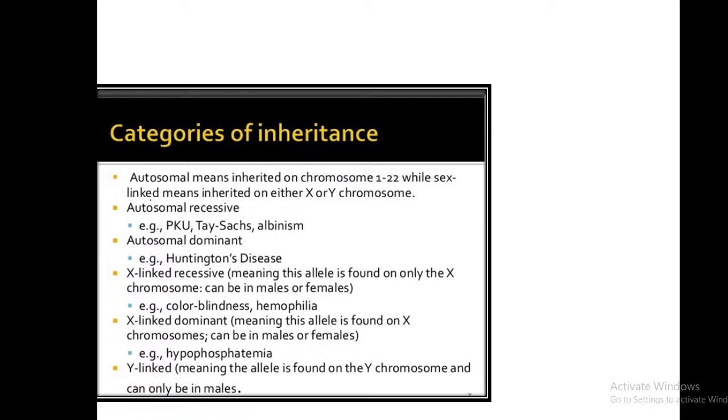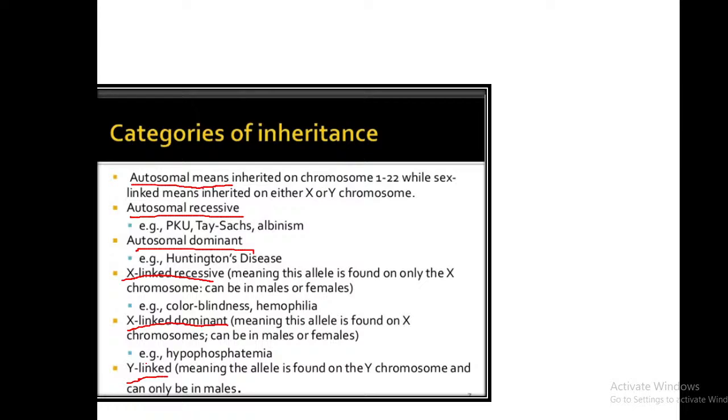If there is a change in the number of chromosomes of the autosome, it means autosomal anomaly. Autosomal anomaly can be autosomal recessive or autosomal dominant. If it is sex-linked, it is X-linked recessive, X-linked dominant, then Y-linked. These are some of the common genetic disorders associated with human beings. Now we'll look into it one by one.